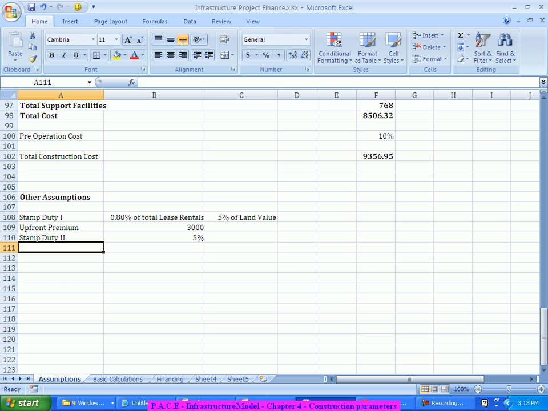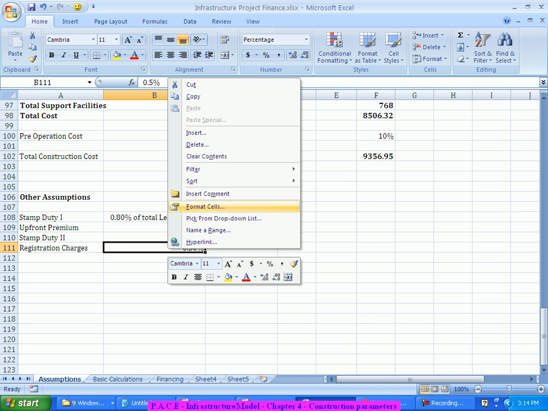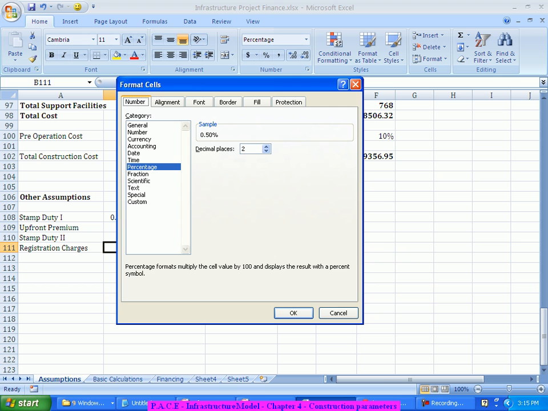Then registration charges are levied at 0.5%. So the registration charges are coming out as 0.5% of the average annual lease rentals. Even this I can format, just to represent, because this is not a mandatory part.